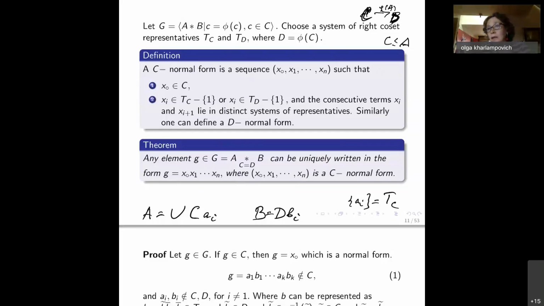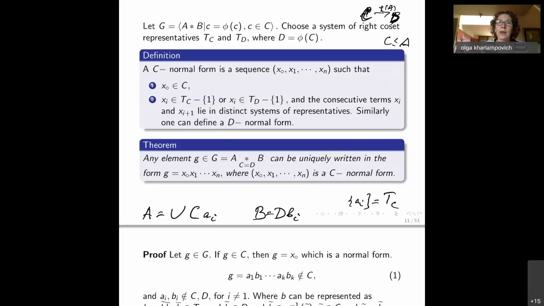So amalgamated products are good because they have nice normal forms. The free product of two groups has very nice normal forms, right? Elements just alternate: an element from one group, an element from the other group, from one group, from the other group, and such a representation uniquely determines an element of the free product.